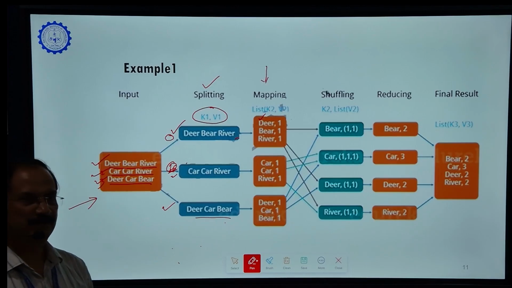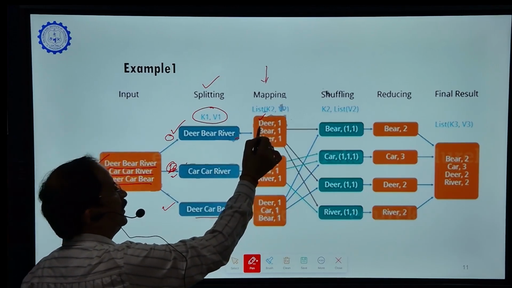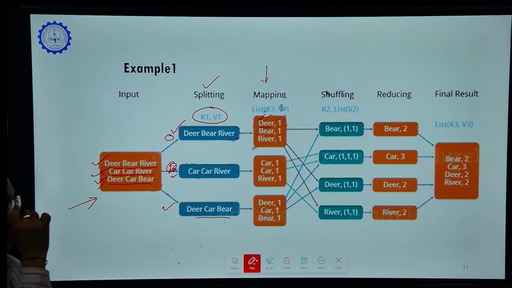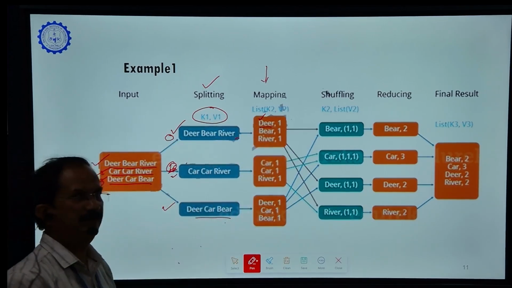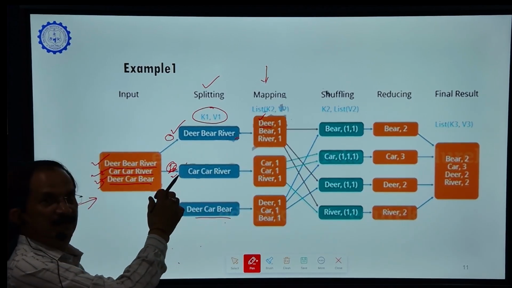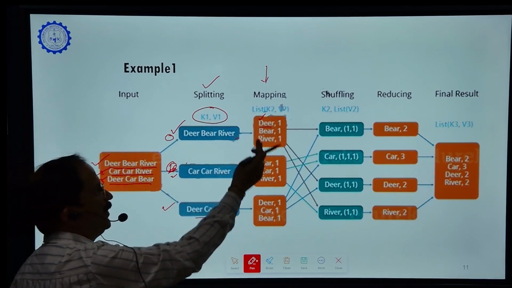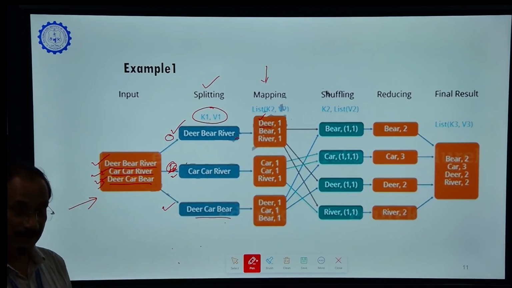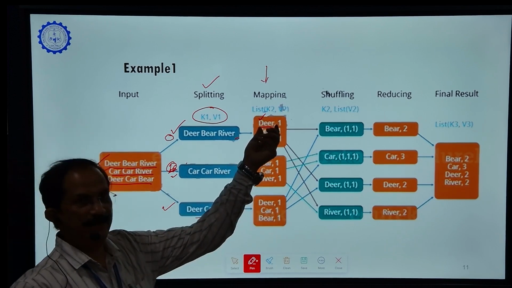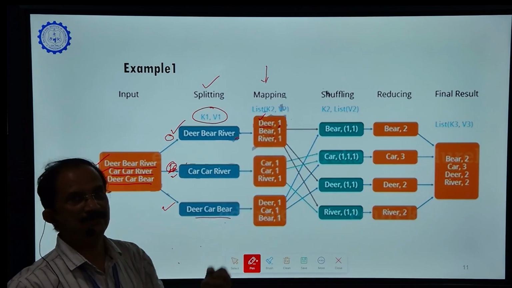With respect to that, it creates a list of keys and values. So now deer is a key. Here the statement is not the value, but for word count in the mapping, handled by the map function, the word is the key and the count one is the value.